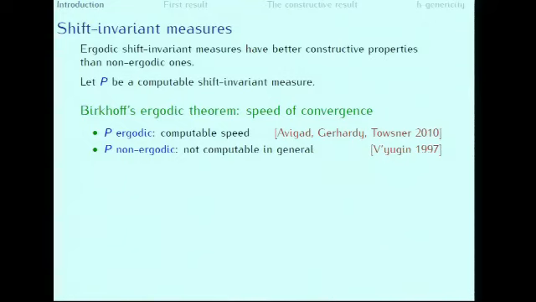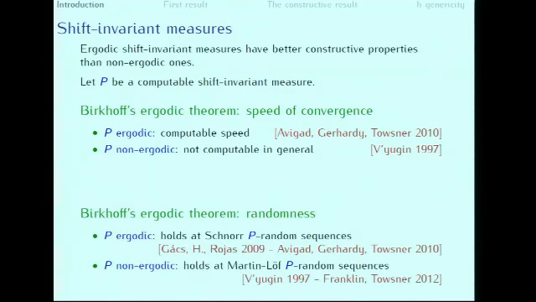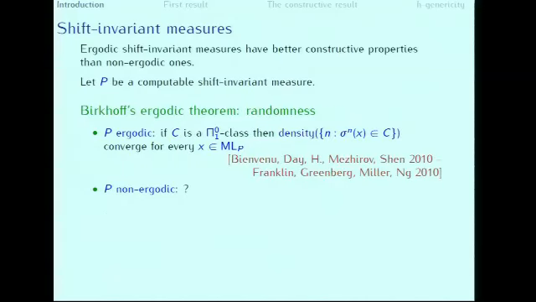And when P is not ergodic, it might be the case that the convergence is not computable. A manifestation of this is that when P is ergodic, Birkhoff's ergodic theorem holds exactly at Schnorr random points, while when P is not ergodic, in general, it holds exactly at Martin-Löf random points. But Johanna will tell us more about that on Thursday. Okay, two other examples.